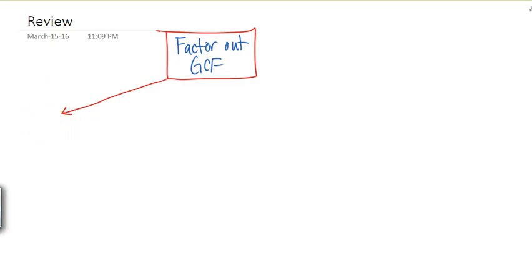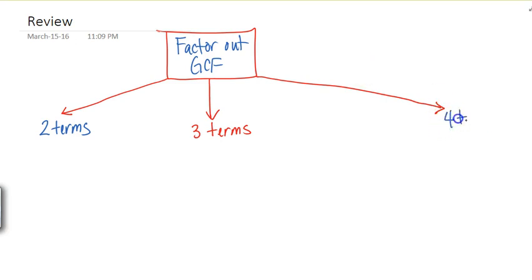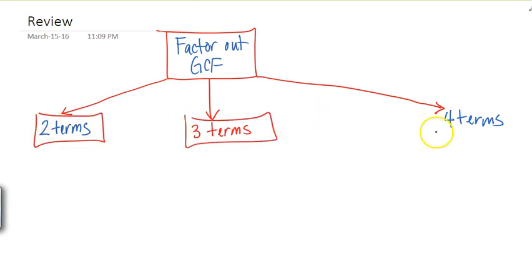Once you have done that, what you do is going to depend on the number of terms you have. Do you have 2 terms? Do you have 3 terms? Do you have, way over here, 4 terms? Okay, so based off of the number of terms, it's going to dictate what process you do.